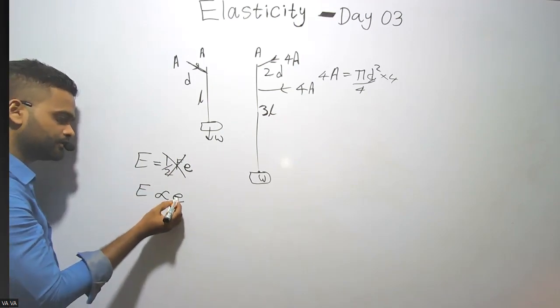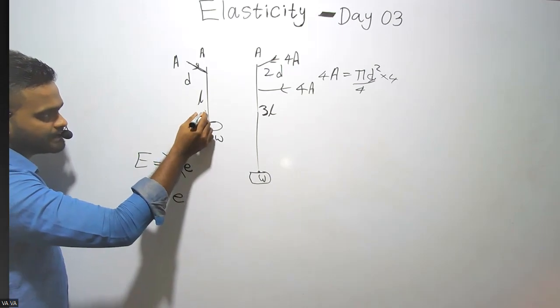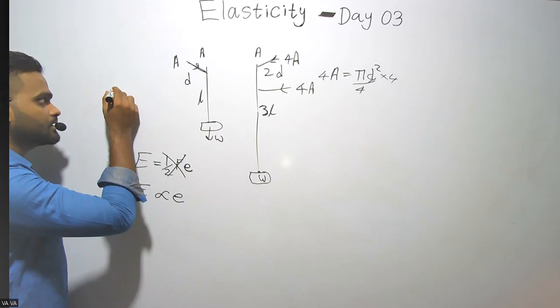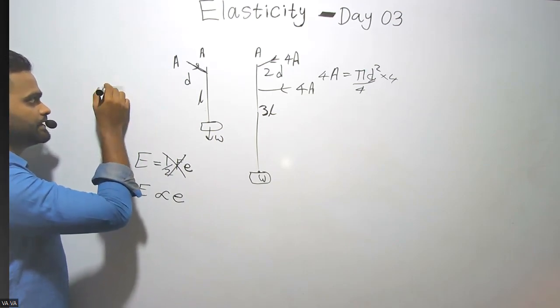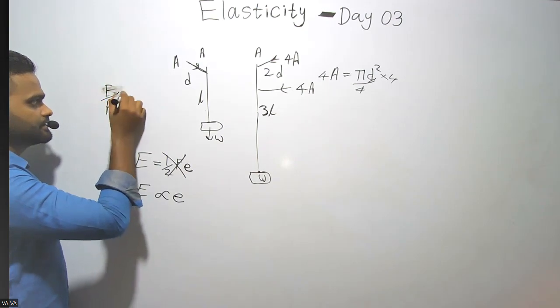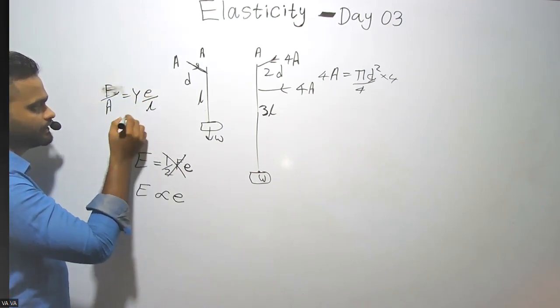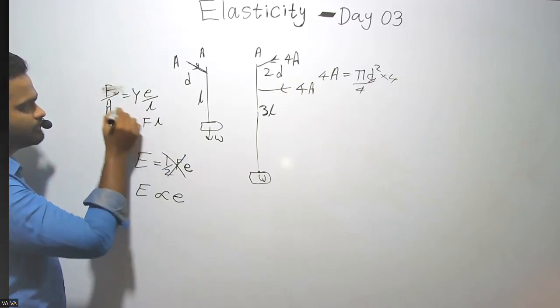So we need something for the extension. They haven't given extension directly in any of these. So what can we do? You need an equation for extension. This is the fundamental equation: e is equal to FL divided by YA.